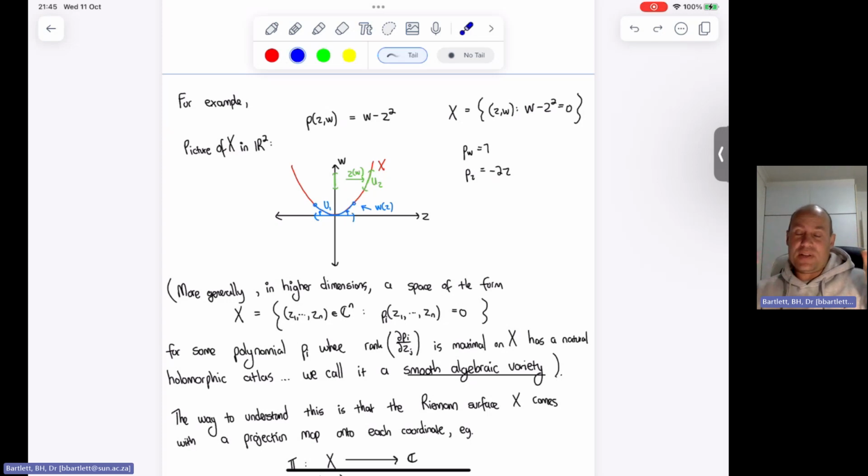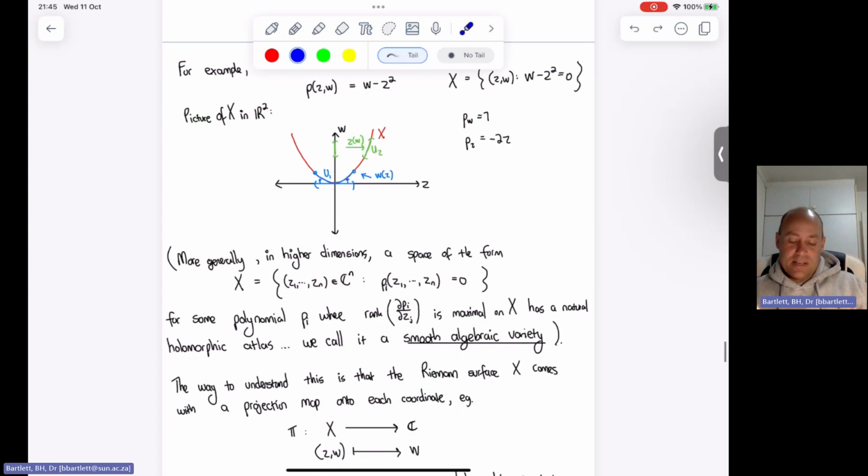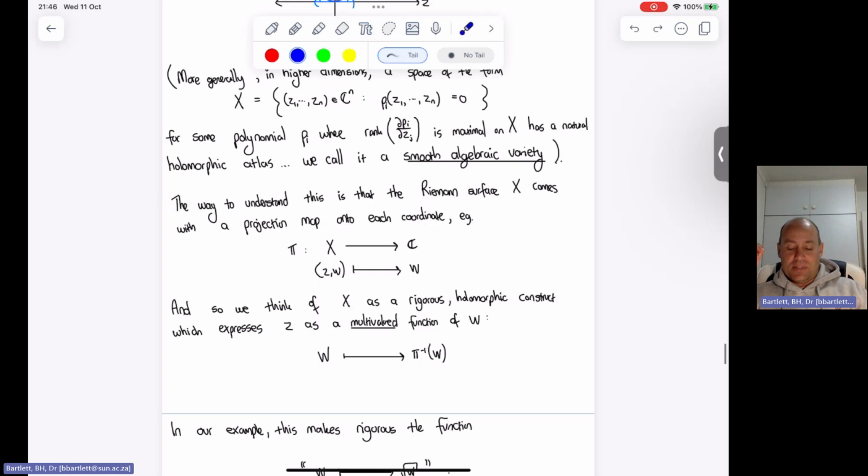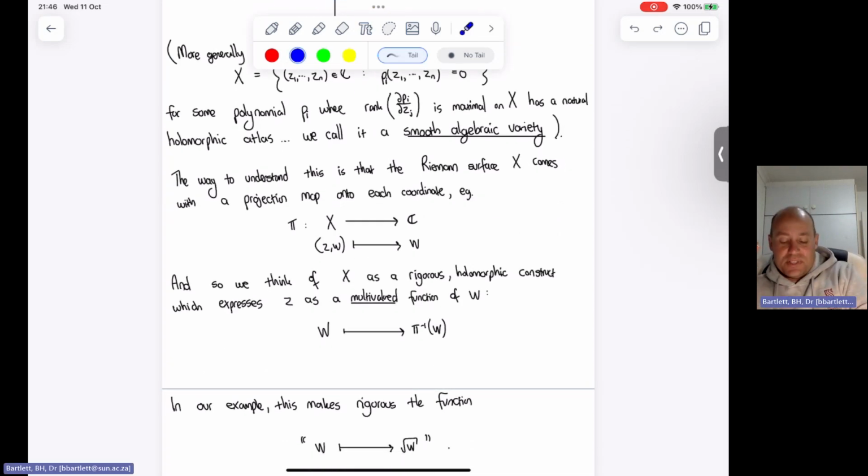It's very difficult to write that down in a rigorous way, but this Riemann surface allows us to do that, right? It constructs this smooth space X, really a complex manifold, and then the function I was trying to make rigorous, this multi-valued function, is the inverse of W. In other words, it's the function trying to make sense of taking the square roots of W, the multi-valued function given by the square roots of W, because there are actually 2 square roots for every point except the origin, where there's only 1 square root.